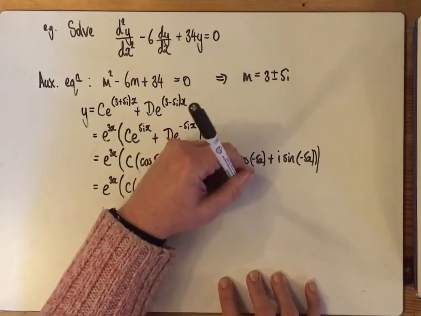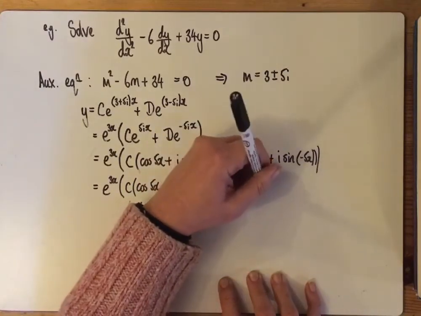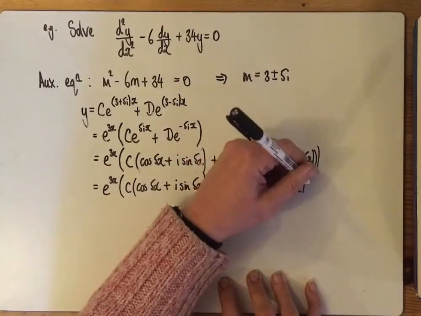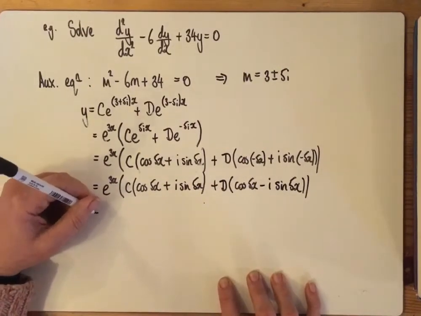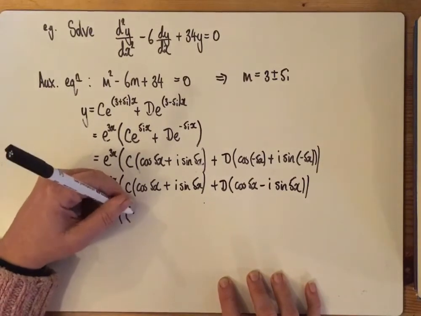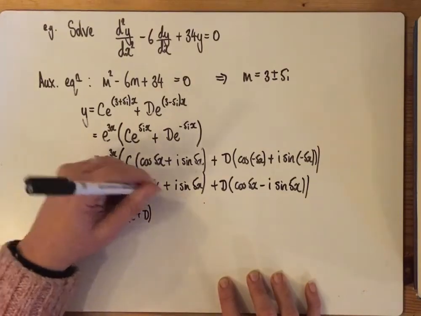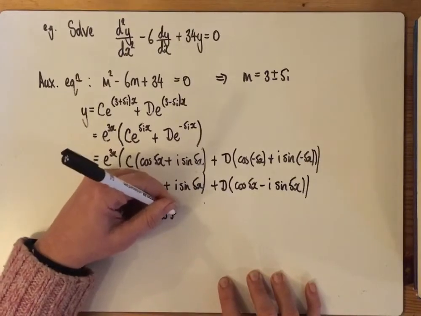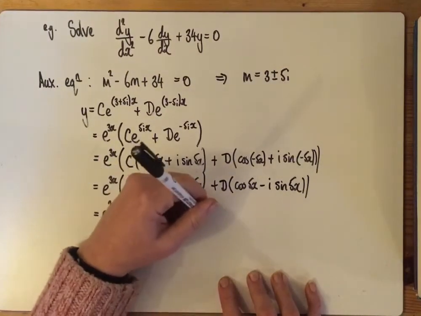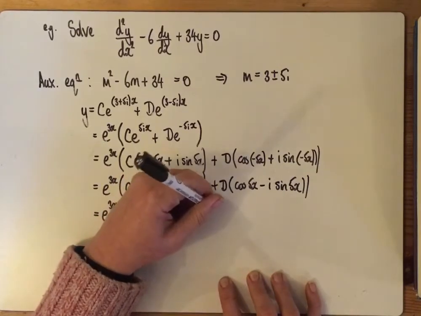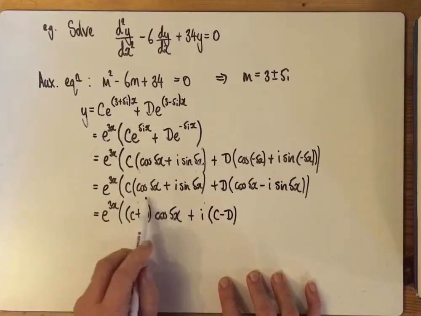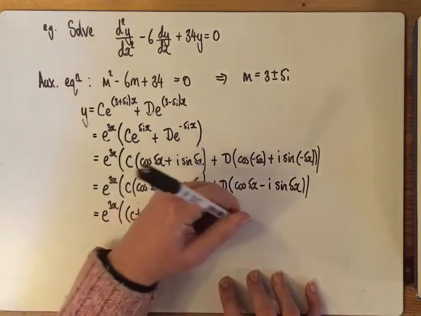So I now have e to the 3x lots of (c plus d) cos 5x, and then I've got (c minus d) times i, so ci minus di, sine 5x.